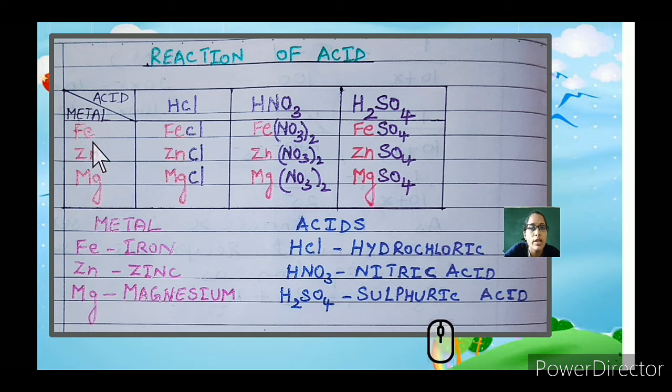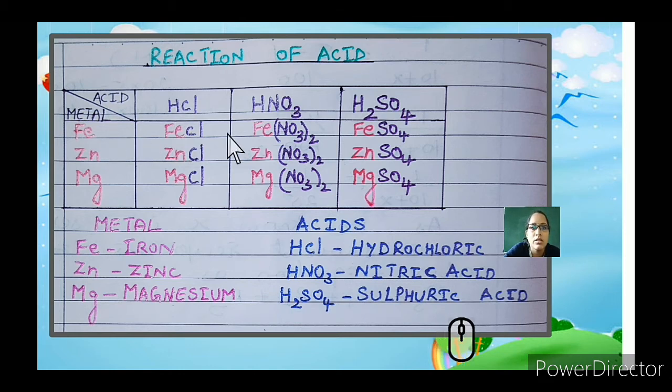So when you combine the metal iron with hydrochloric acid, you get FeCl. Fe from here and Cl from here add up to form the compound ferric chloride. And the hydrogen is getting released as the gas.